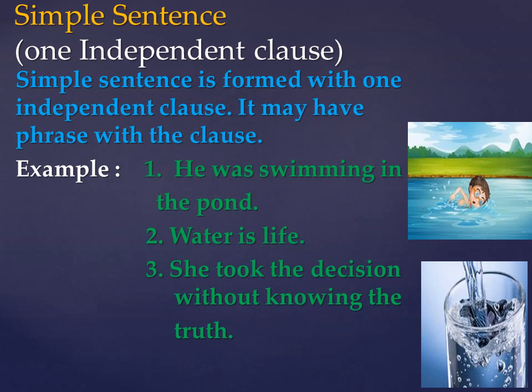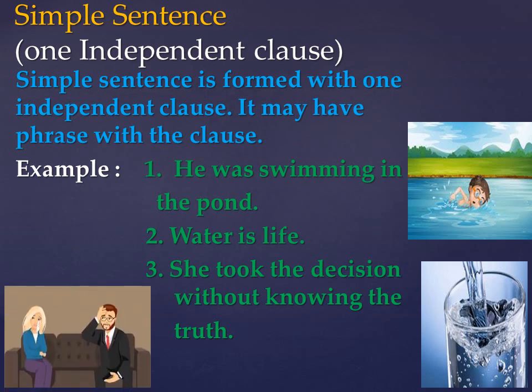She took the decision is the principal clause, and without knowing the truth is a phrase, but there is only one clause, that is the principal or independent clause. That's why it's a simple sentence. So a simple sentence has only one clause and it is independent. It may have a phrase with it, but the clause is independent and there is only one clause.